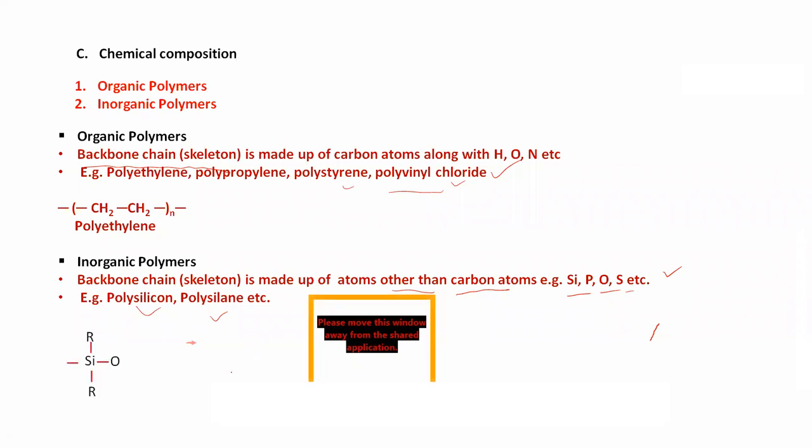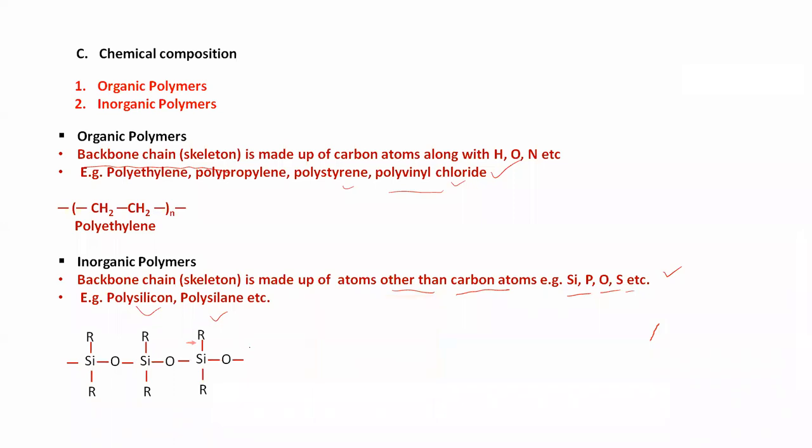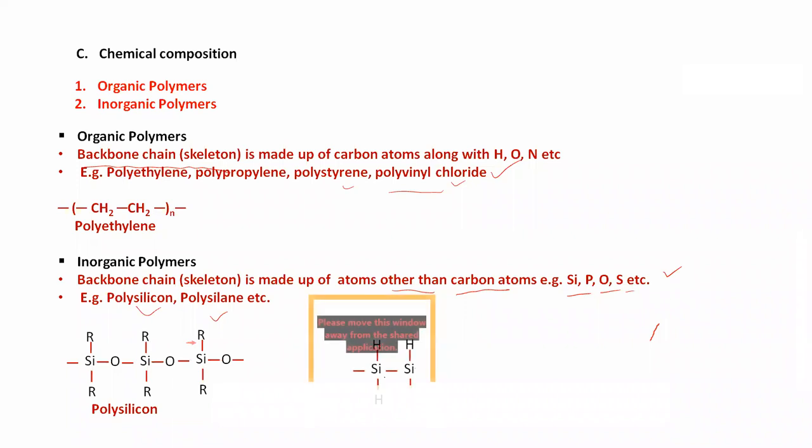So this is polysilicon. This is one linkage, linked to another similar linkage, and what we have is polysilicon, and so on and so forth. Polysilane: silicon linked to hydrogen.